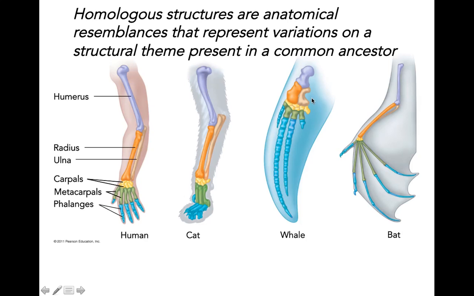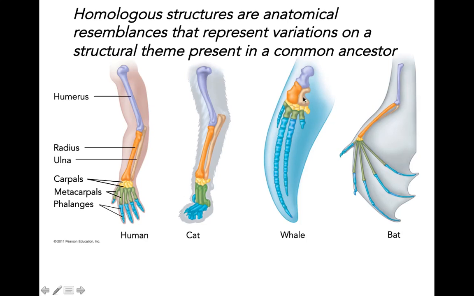So, for example, a whale is a swimming mammal, so it doesn't need to really do much with its flippers, rather than to use them with a lot of surface area and be thickened and strengthened to enable it to swim in water. So you can see exaggeration in the phalanges.